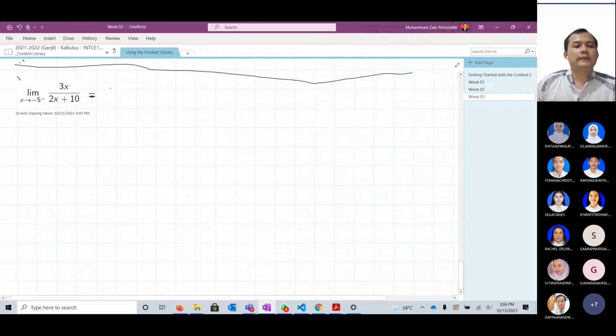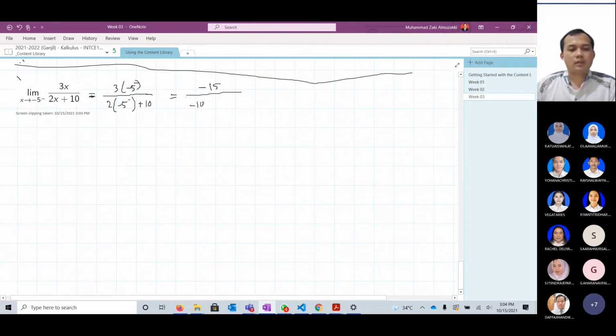This is about 3 times -5 over something 2. Okay, -5 from the left. 2 times -5 from the left plus 10. So in the upper side, we have about -15 over something like minus from the left.